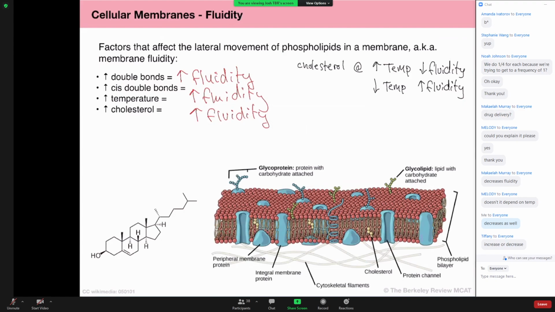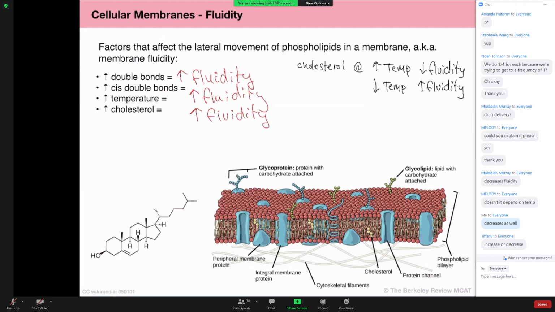Cholesterol, this picture is very inaccurate, actually makes up something like 30% of most cell membranes. It'll disrupt those interactions between the phospholipids and create this phenomenon where it's essentially acting as a buffer, so it'll increase or decrease the fluidity as needed.